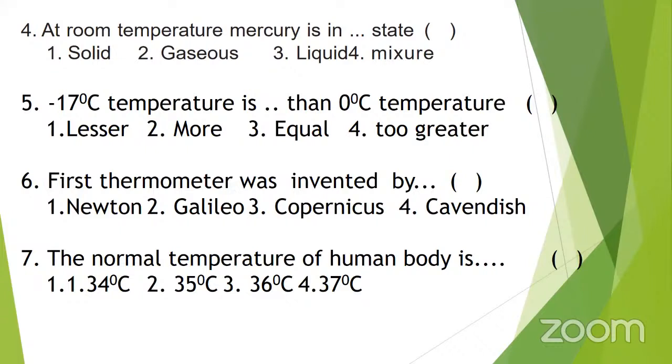Good. I'm very happy you are responding. 98.4 degrees Fahrenheit. Very good. Doctors use the Fahrenheit scale to measure the temperature of the body. Whether you agree or not, it is true. Okay. Next.